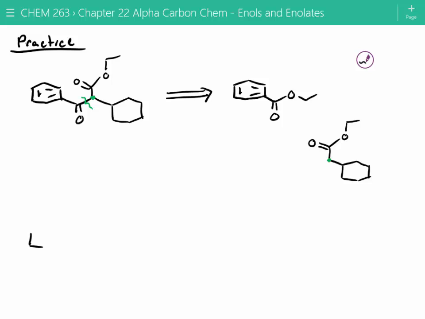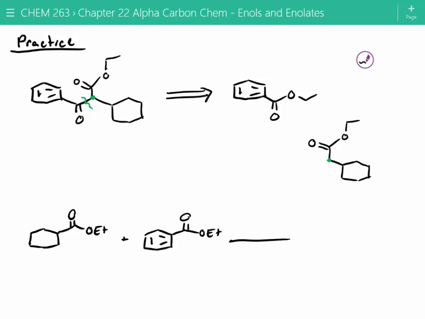So what I would do is just take both of our esters, which was ethyl benzoate, and our ethyl, I'm actually not sure how to name the cyclohexane derivative.